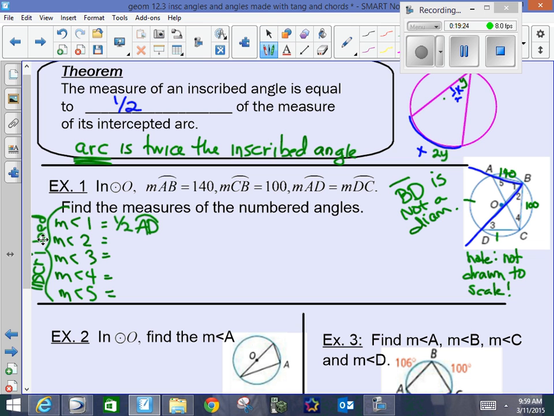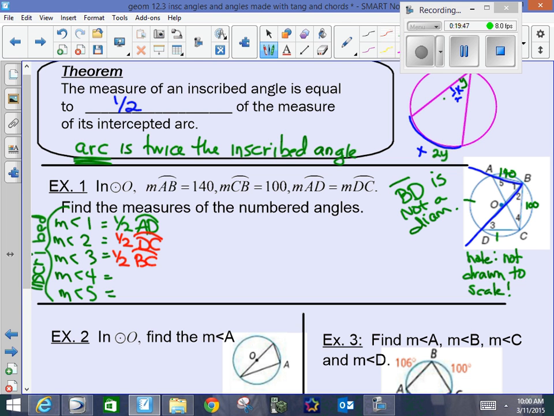Alright, what about measure of angle 2? What is its intercepted arc? BC, very good. Alright, what is the intercepted arc for angle 3, Lindsay? BC. Okay.